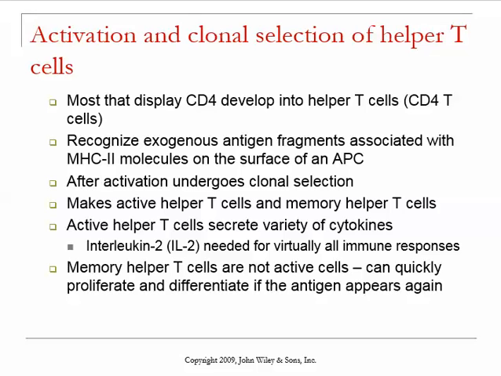So if the thing has a CD4, it will develop into what's called a helper T cell. And their job is to recognize the fragments in the antigen presenting cell.